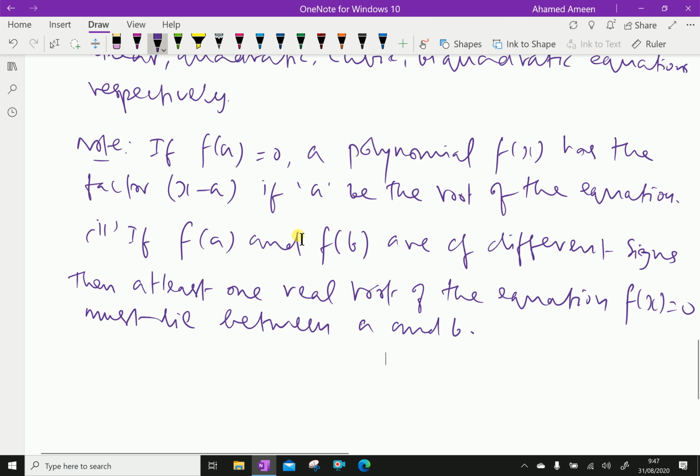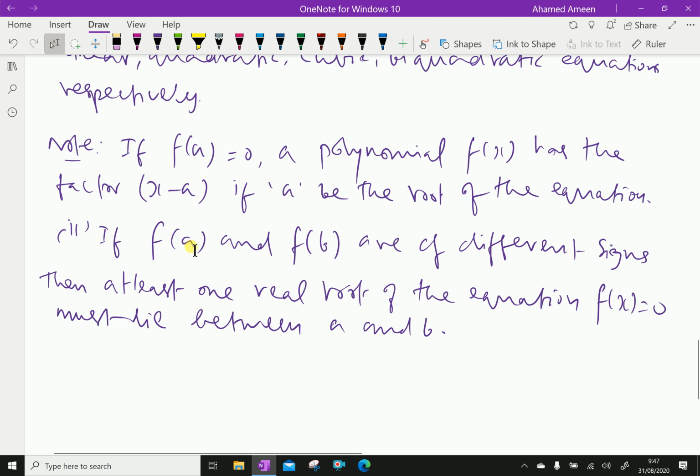Which means if you substitute a in the equation and b in the equation, if sign changes for f of a and f of b, then we can say at least one real root must be there between the real numbers a and b.